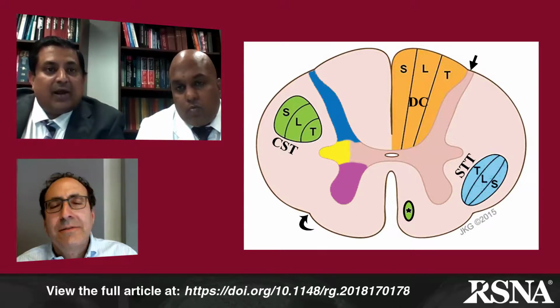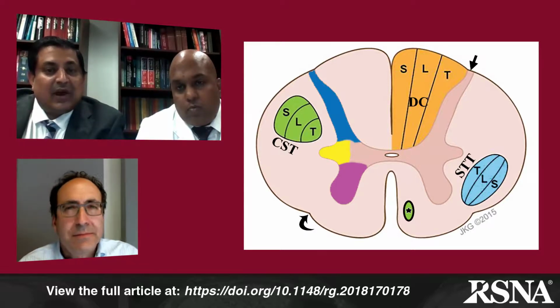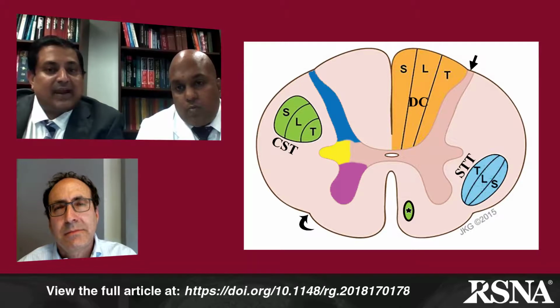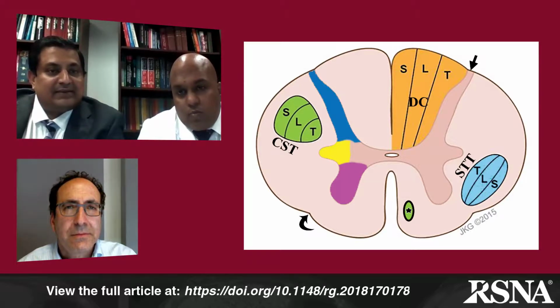Located in the periphery are white matter tracts: dorsal columns labeled as DC, lateral corticospinal tract labeled as CST, and spinothalamic tract labeled as STT. Note the somatotopic organization of fibers in the corticospinal tract and spinothalamic tract from medial to lateral: thoracic, lumbar, and sacral.